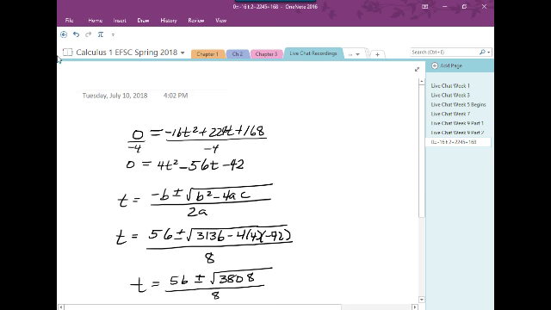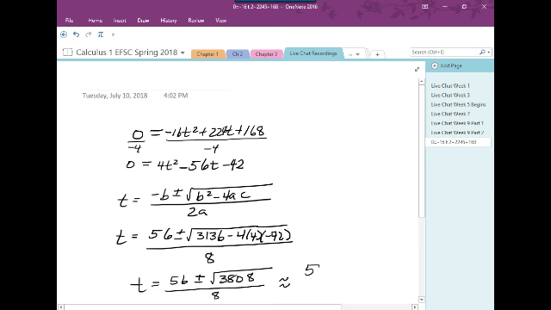But we're using decimals anyway, so let's go ahead and approximate this. The square root of 3808 is about 61.7.